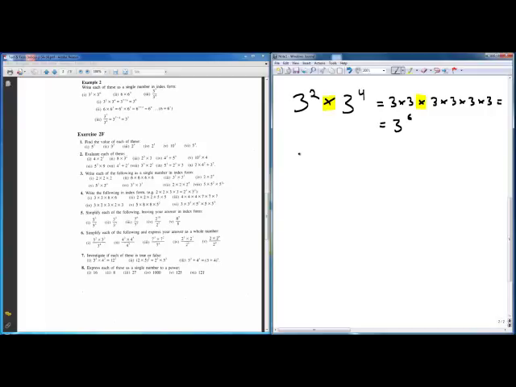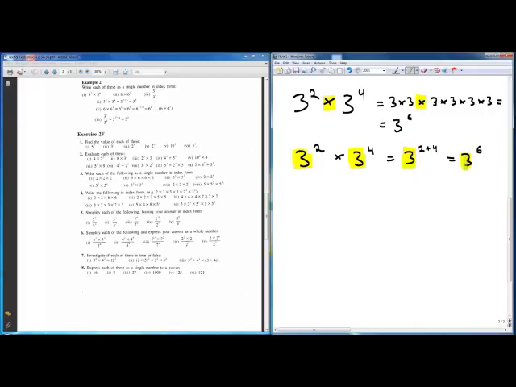So it turns out that when we're multiplying indices, 3 index 2 times 3 index 4, we can just add these numbers. So 2 plus 4 is 6. And we always remember this number has to be the same. Otherwise it won't work. So this number has to be the same, always.